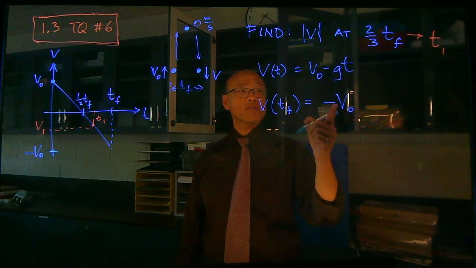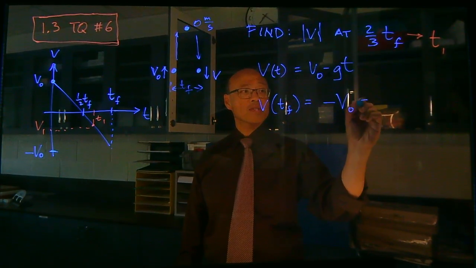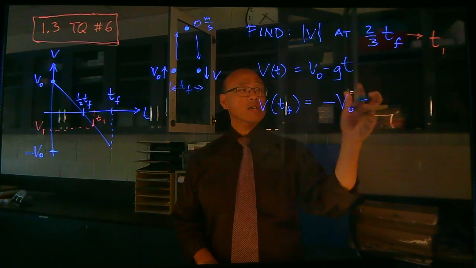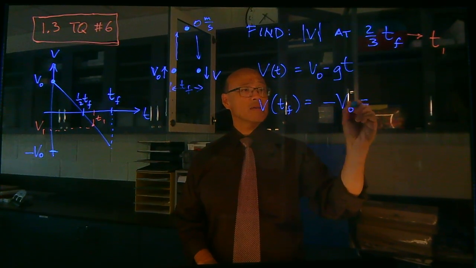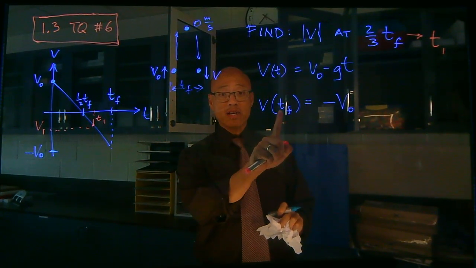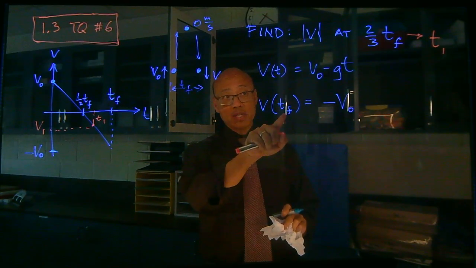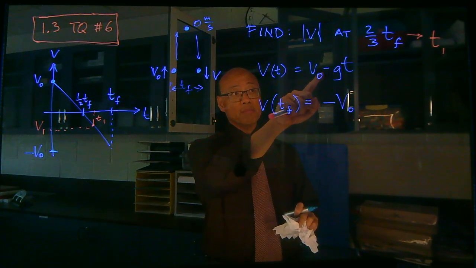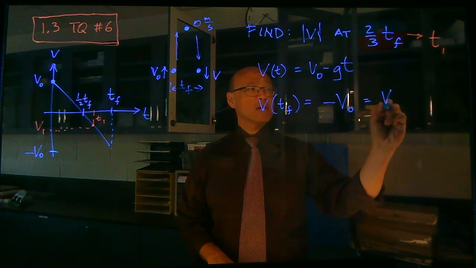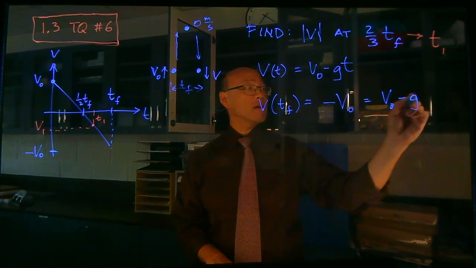But even this value still has to obey that thing, right? So this is velocity at a specific TF. But my velocity at any t, including TF, is also equal to v naught minus gt. So that's got to equal v naught minus g, but at TF.